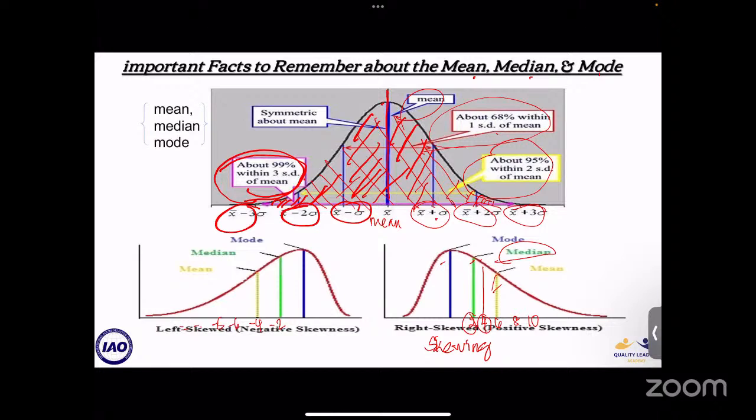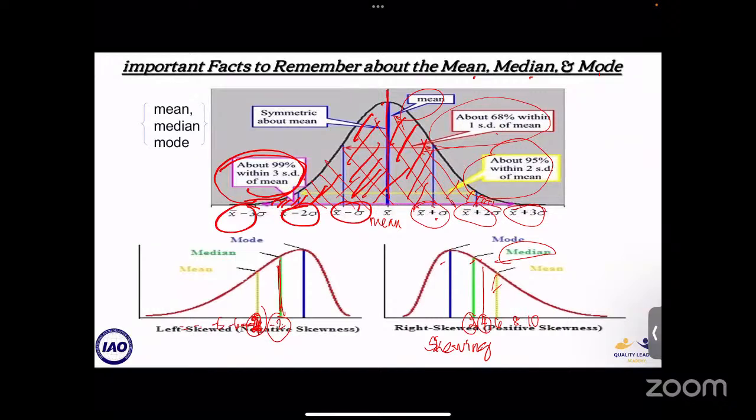Here, -2 is for the median, that's correct. So -2 is greater than the -4. Clear?